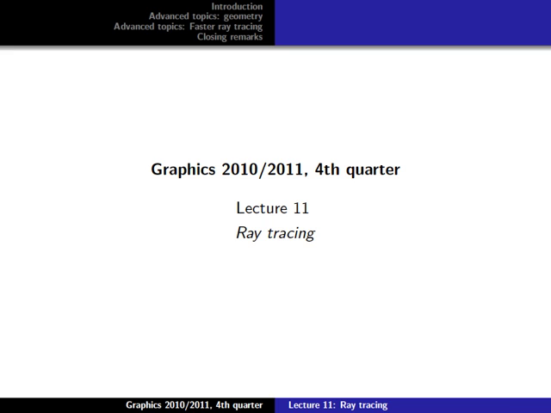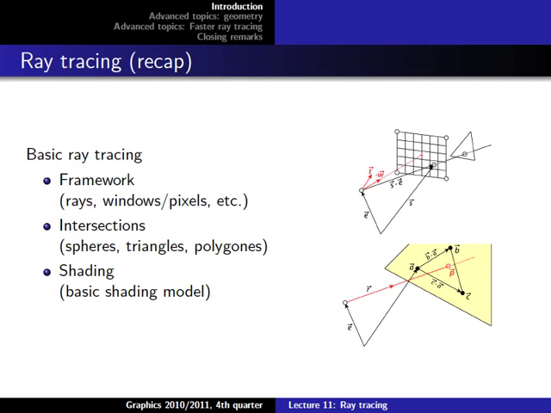So let's finish up what we started last week, which was ray tracing. Just a quick recap. We introduced ray tracing, the basic principle of it, and we talked about the framework that we need for that, how we can represent the windows, the pixels on the screen where we want to shoot our rays through.